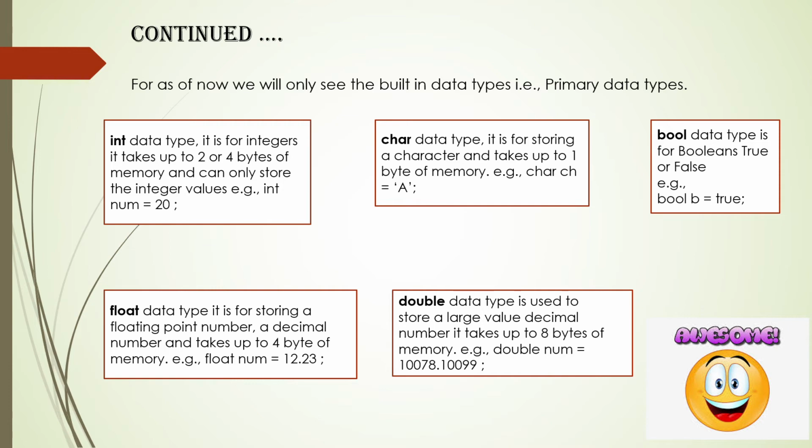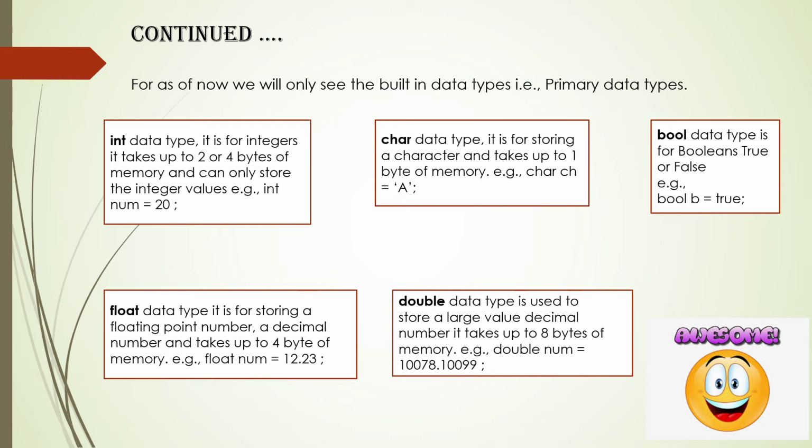Float data type, it is for storing floating point numbers, decimal numbers, and takes up to 4 bytes of memory. Example, float num equals to 12.23, then semicolon. Float is a data type, num is a variable name, and 12.23 means num variable of float type holds a value of 12.23 in it. Double data type, it is used to store large value decimal numbers.